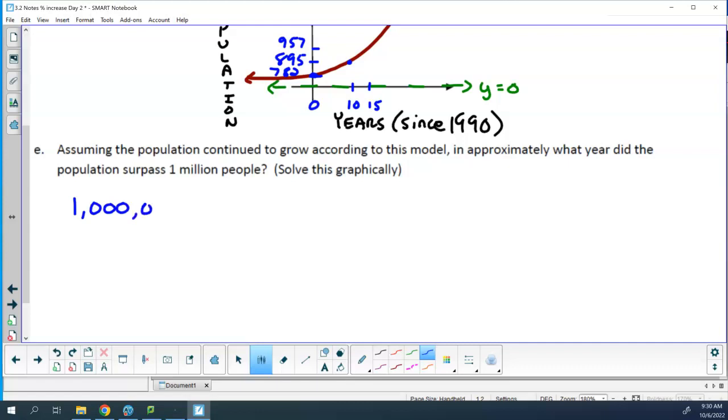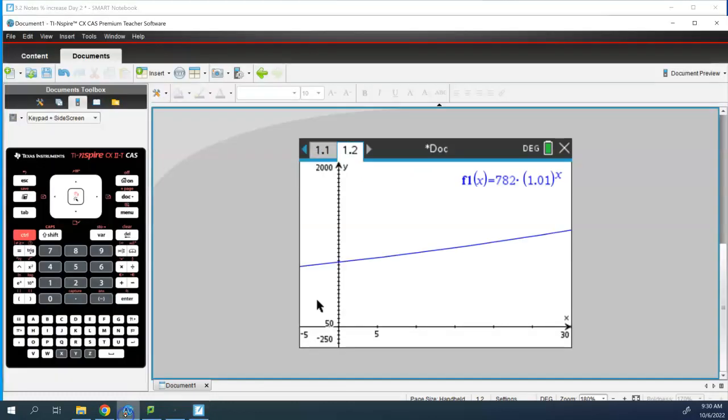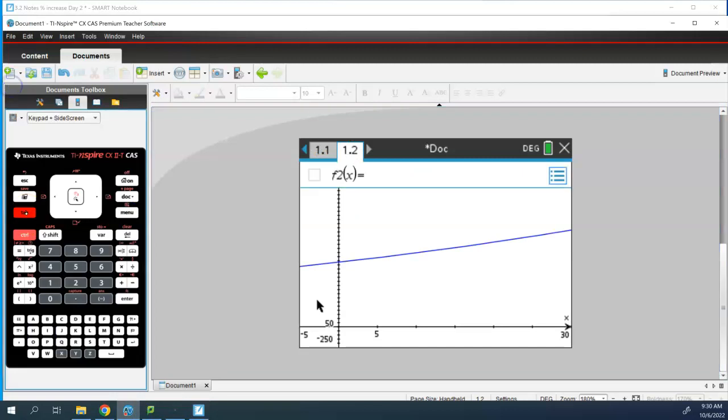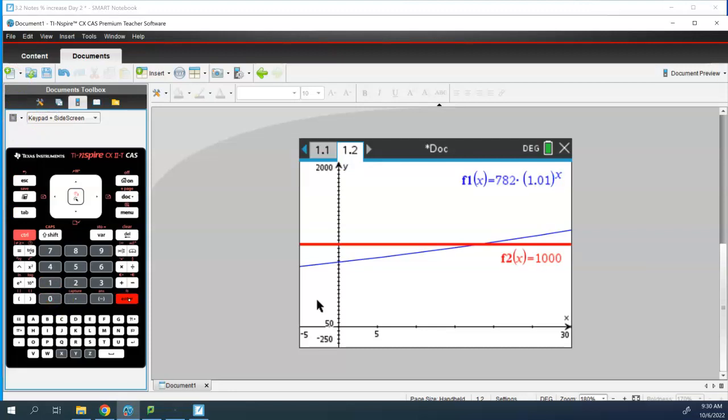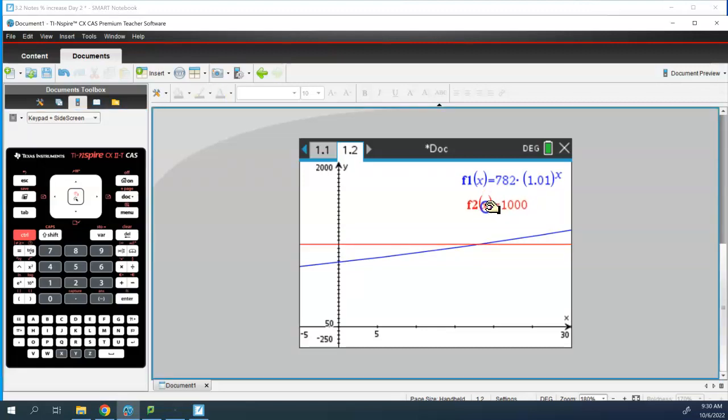It's 1,000 on our graph because we dropped the 1,000. So we need to put a second line on our graph, but this time it's going to be 1,000. We want to know in what year those two met. How would I do that?